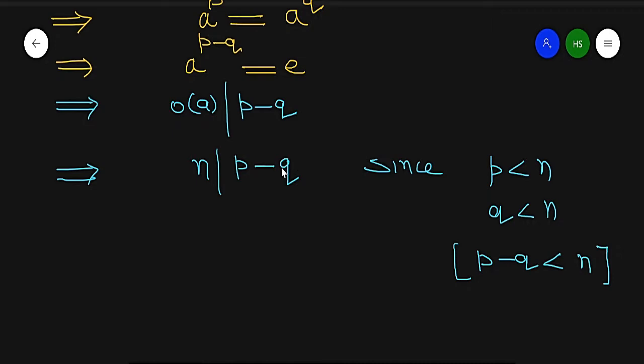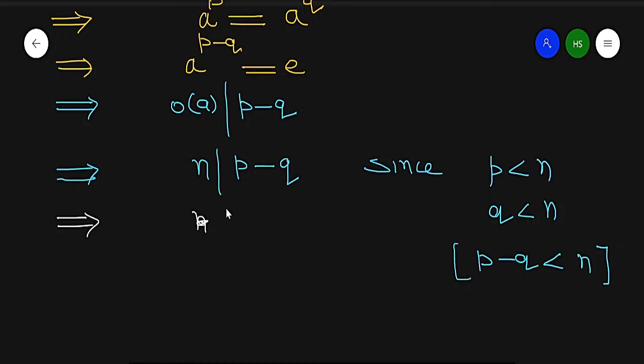So this is possible only when this value is 0.